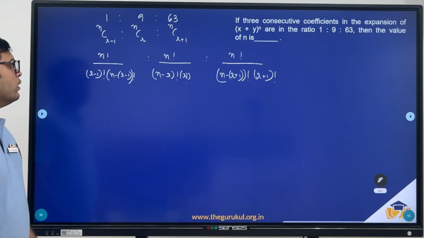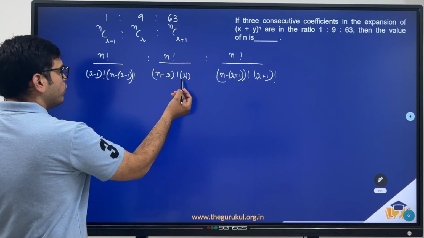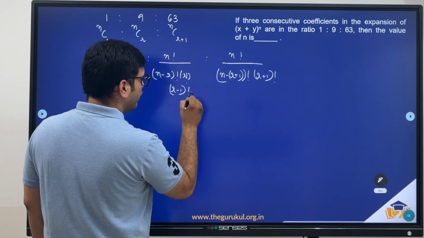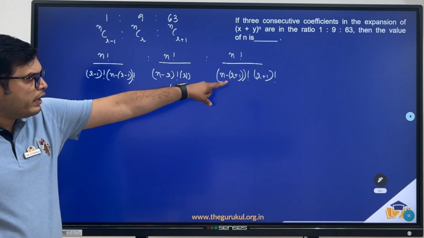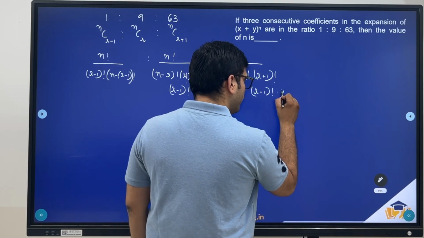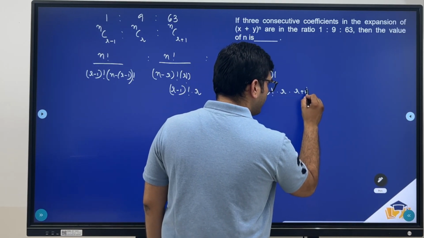Then r factorial, I can write as r minus 1 factorial into r. I can also write r plus 1 factorial as r minus 1 factorial into r plus 1.